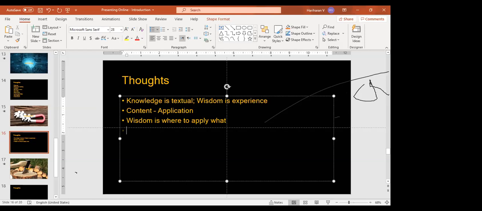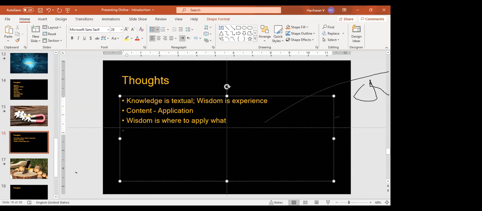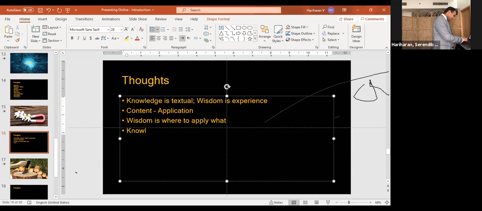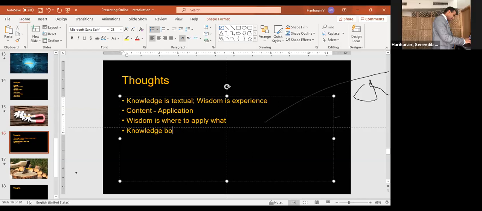Hari, I've got a controversial one. Yes, very important. Nice. Knowledge we get from the book, wisdom we get from God. Knowledge is bookish, and wisdom is spiritual.